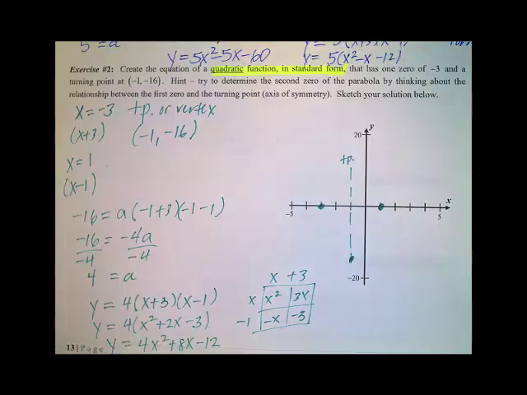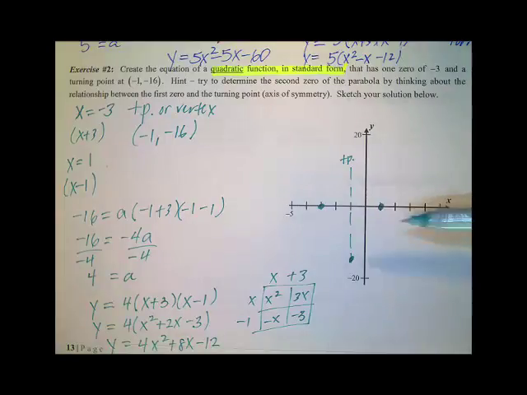so I've got to use my brain. Well, I need to know that the distance between the 0 and the turning point has to be the same on both sides. It's the line of symmetry in your parabola. So, since I know my root is at -3, and I know my turning point is at -1, that distance is 2. So I have to go 2 more to the right to find my other 0, or root.